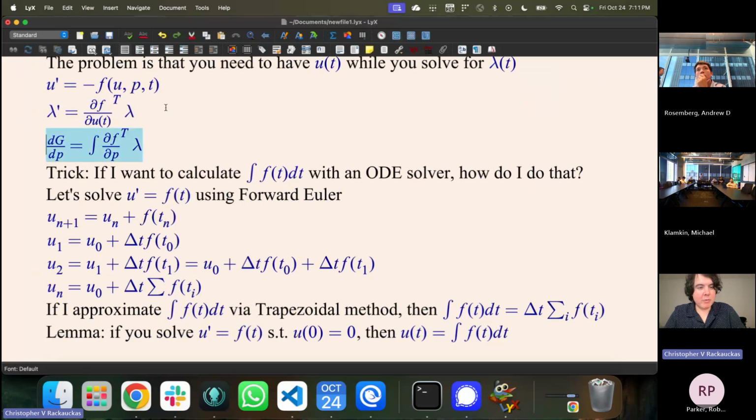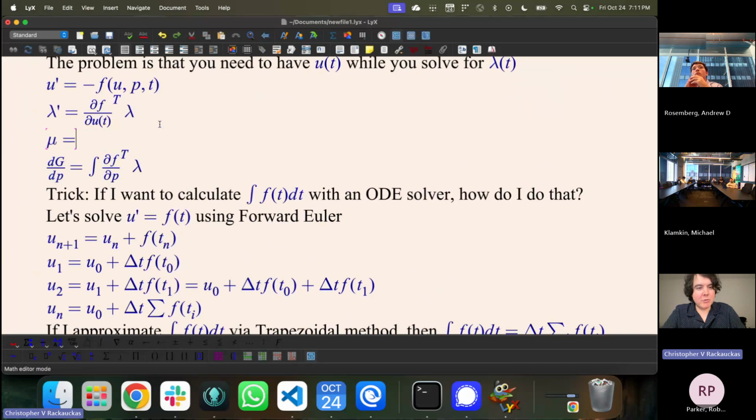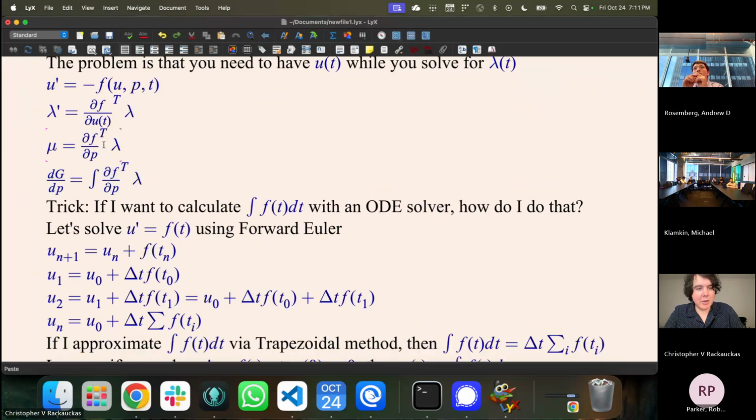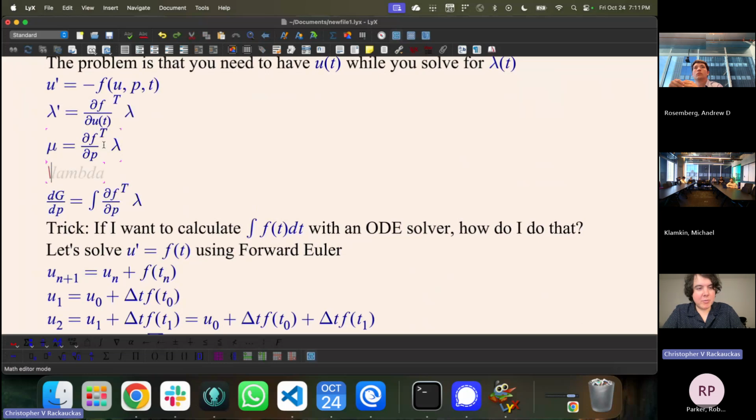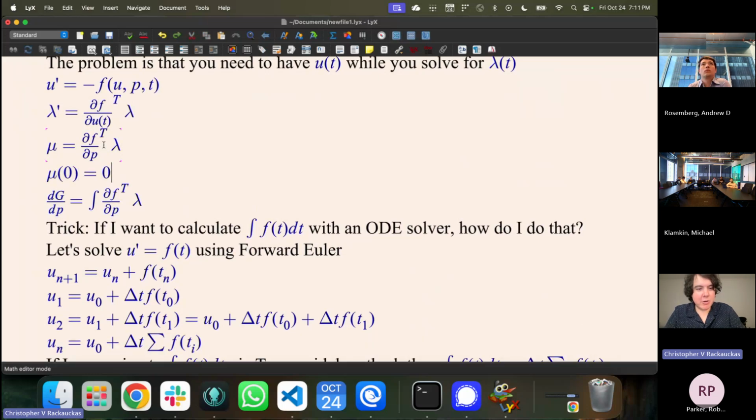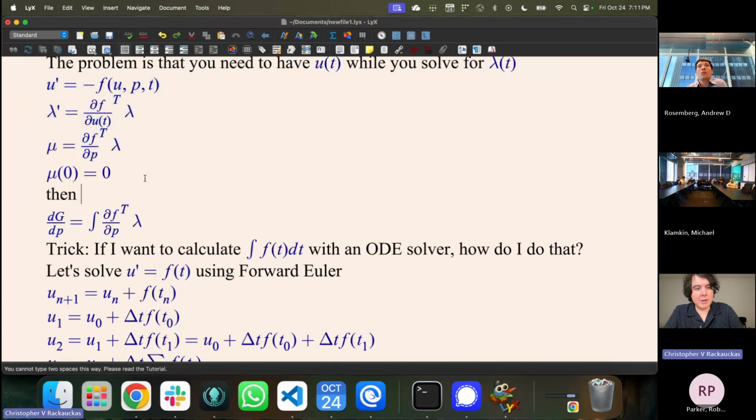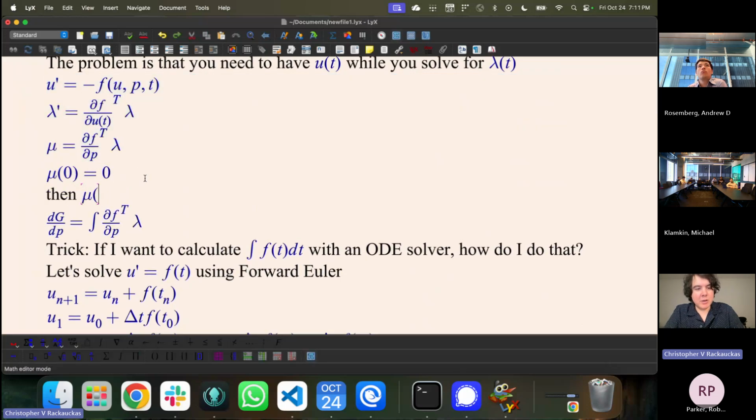But if I want to calculate this integral, what I can do is I can just say mu is equal to this thing right here, where mu of 0 is equal to 0, and what this means is that if I solve this ODE going in reverse, then mu of t is equal to 0, and also lambda of t is equal to 0, right?